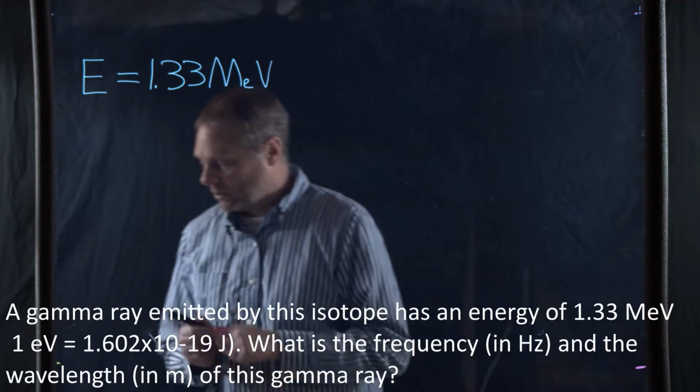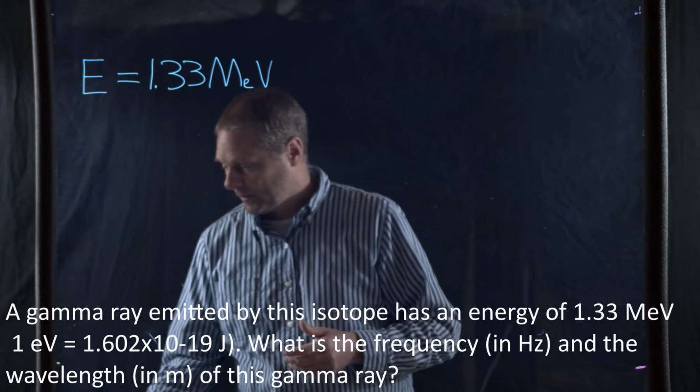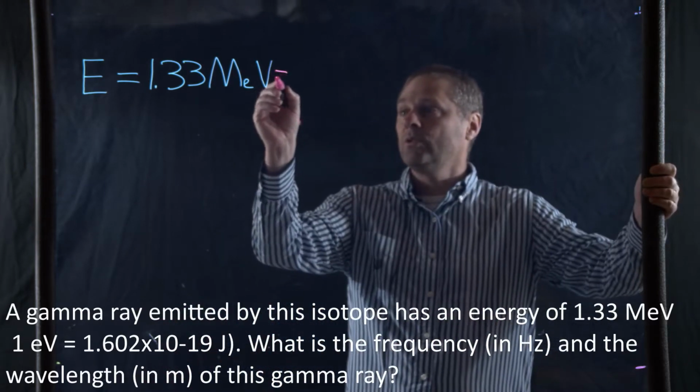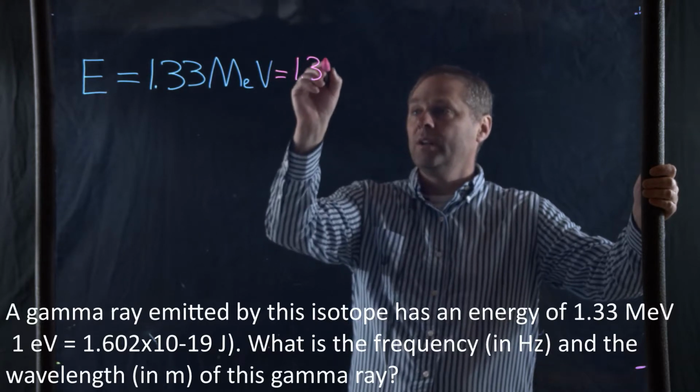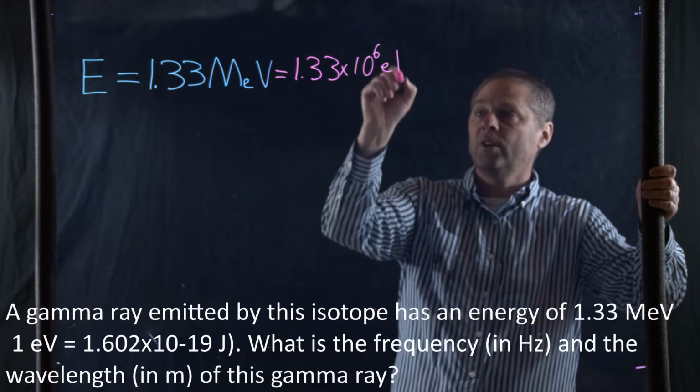To start, we want to convert this into joules because we're used to dealing with things in joules. So this is equal to 1.33 times 10 to the 6th electron volts.